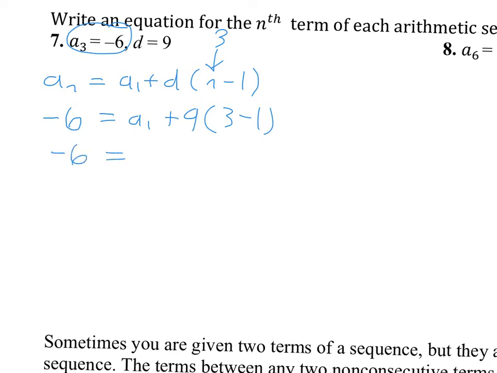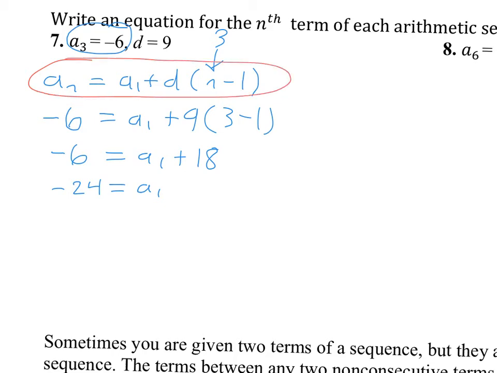-6 equals A1 plus, okay, 3 minus 1 is 2. 9 times 2 is 18. Subtract 18. -24 equals A1. So now that I know A1, I could plug back into this formula, but I'm not going to plug in A3. I'm using this to find a formula for AN.